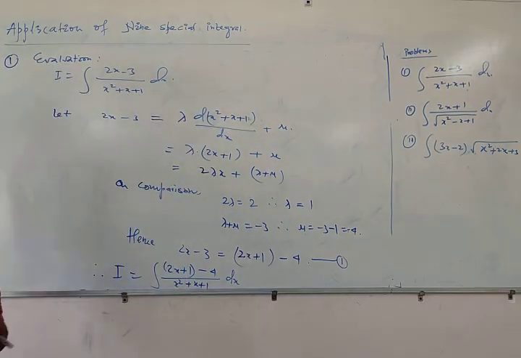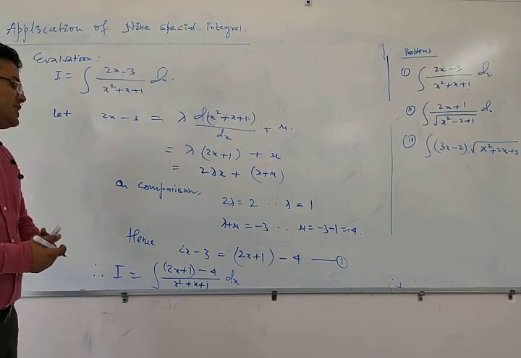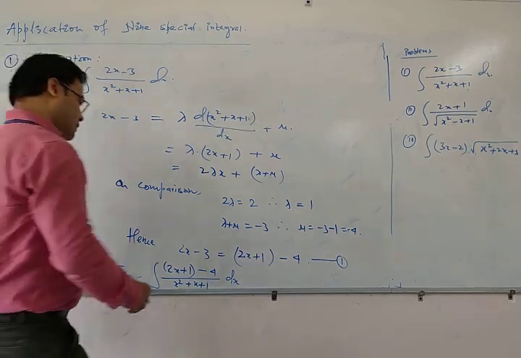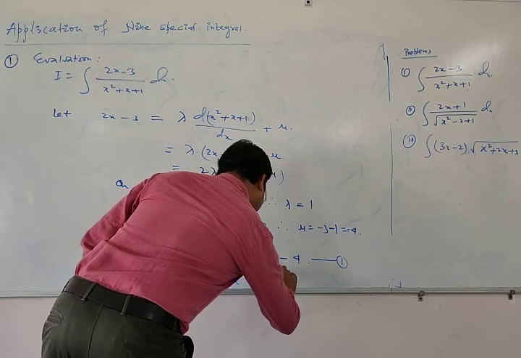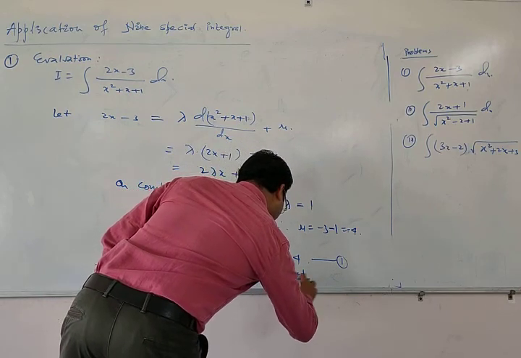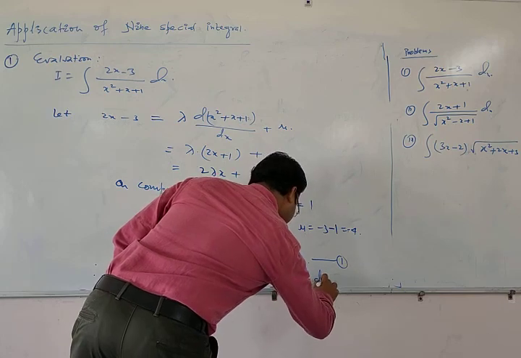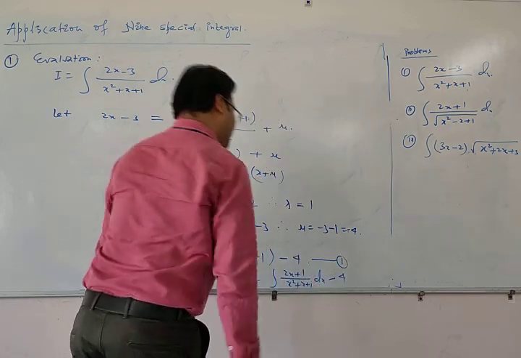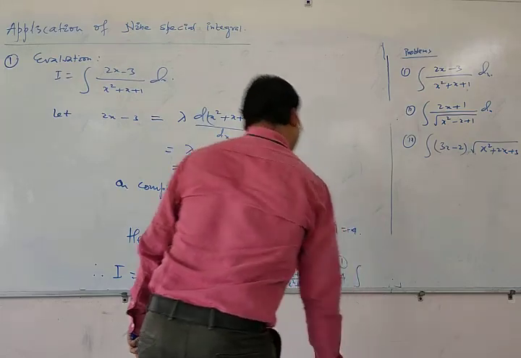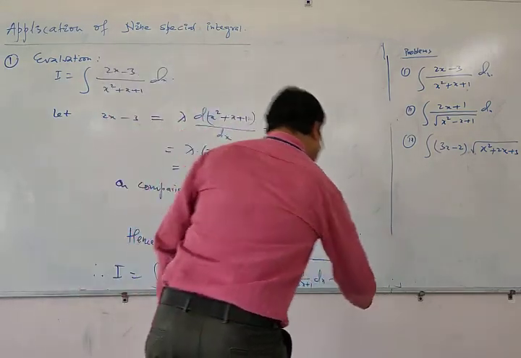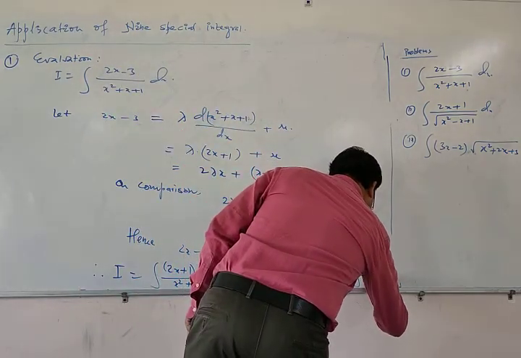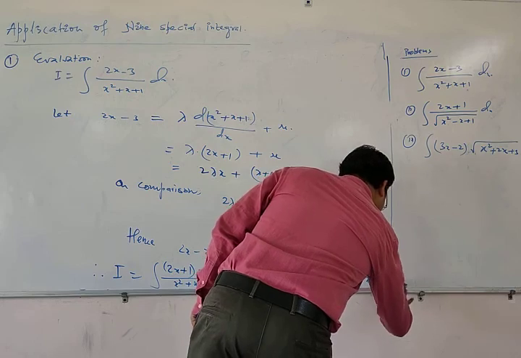Now we have to separate this integral into two parts. You can write the integration of 2x plus 1 upon x square plus x plus 1 dx, minus 4 is the constant term, so you can take minus 4 outside the sign of integration, and here you can write 1 upon x square plus x plus 1 dx.